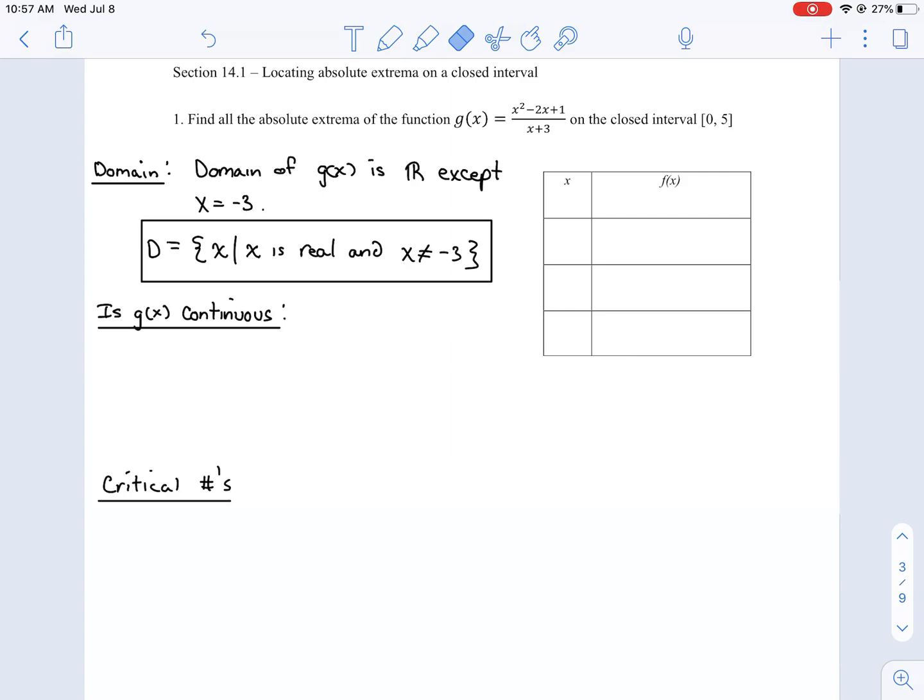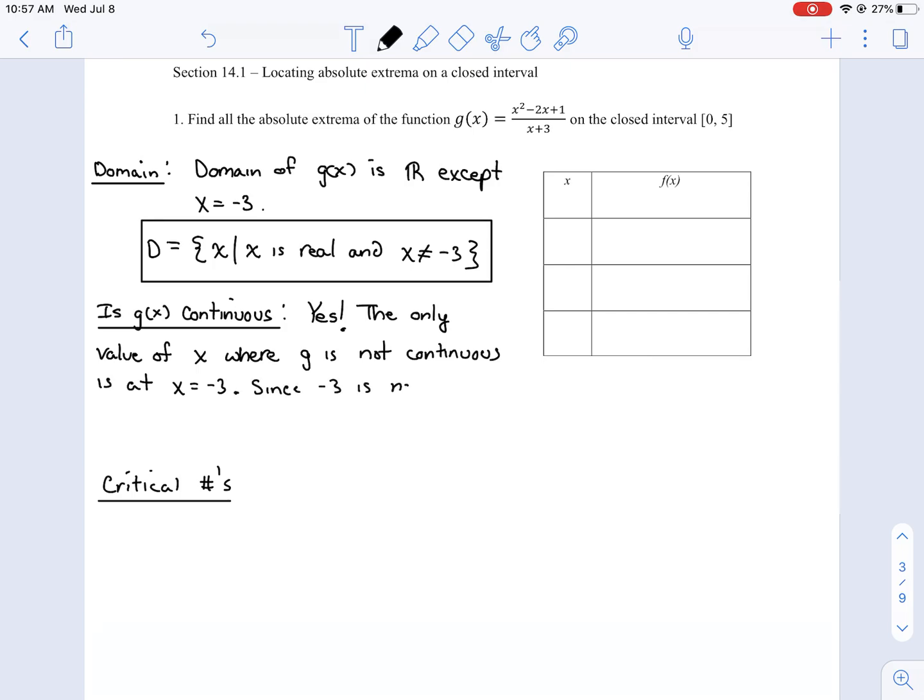Next, we need to ask ourselves, is g of x continuous? In order for g of x to have absolute extrema, g of x must be continuous on this closed interval. And I'm going to answer that with a yes. The only value of x where g is not continuous is at x is equal to negative 3.